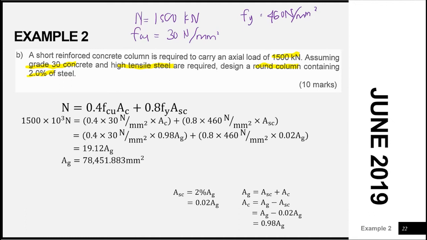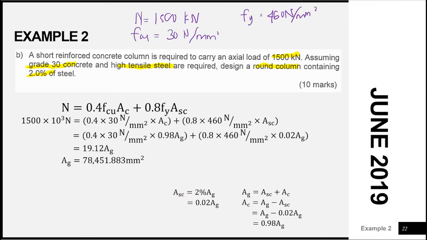Okay, plus with 0.8 quote formula FY 460 dia dah bagi high tensile steel. Okay, and then darab dengan ASC. Okay, ASC here adalah area of steel. We know that it is 2% of area of column. Okay, tapi area of column kita tak tahu lagi. Okay, tinggalkan dulu.